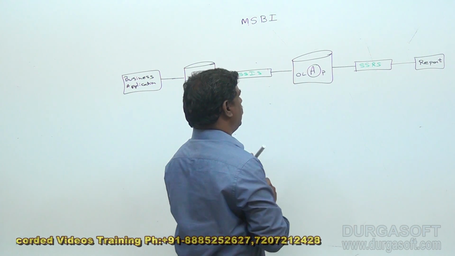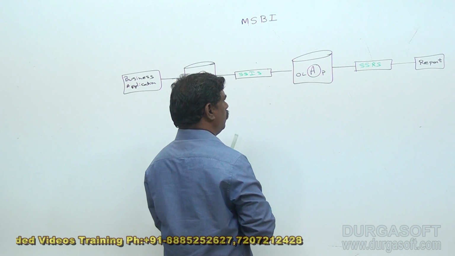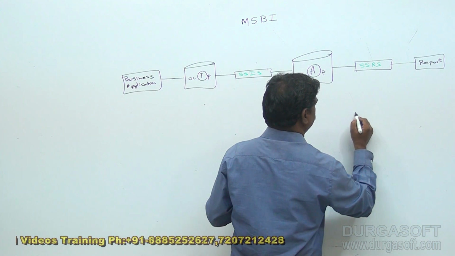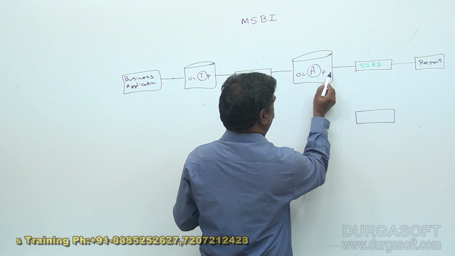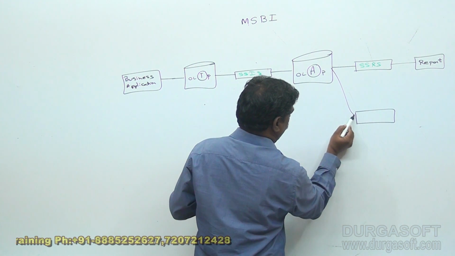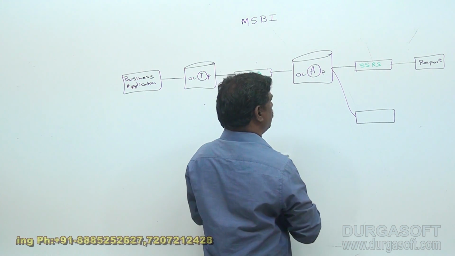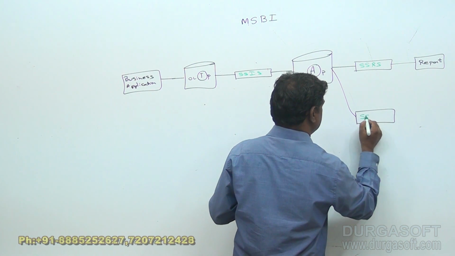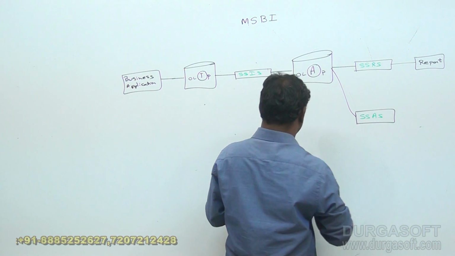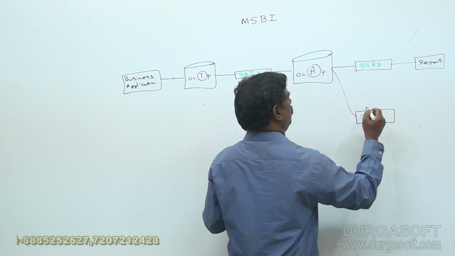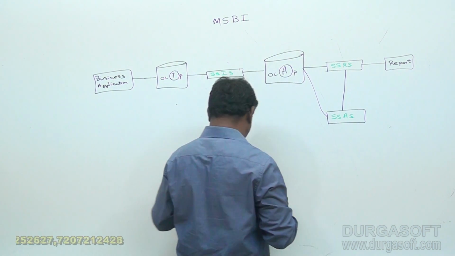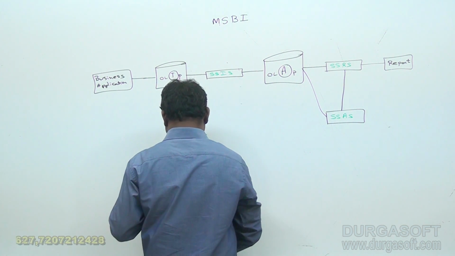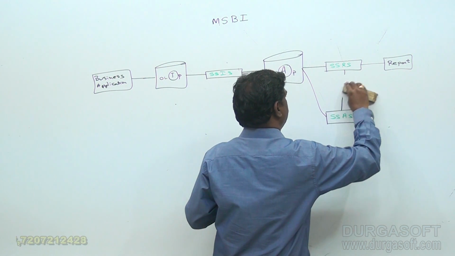But at the same time we have one more component. What is that? SSAS, it is a third module which is creating some cube database. So with the help of this I will represent it in a different form.